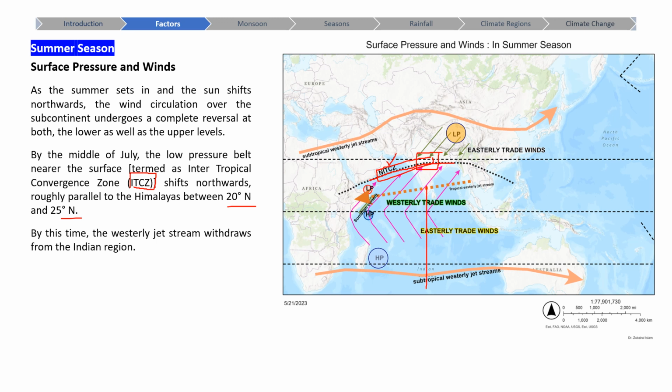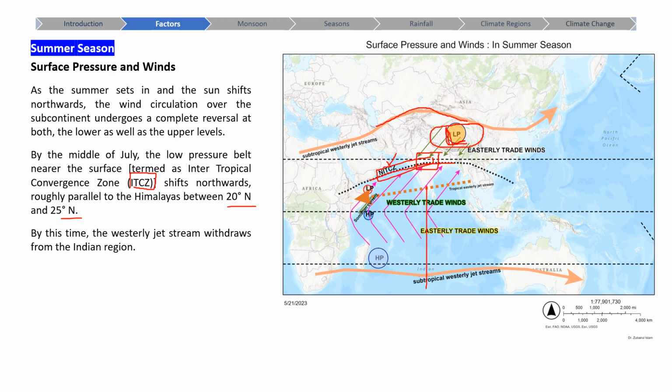And the westerly jet streams have moved from this place towards the north of the Himalayas. Because the Tibetan land is above 4,000 meters above mean sea level, at this height this area receives more insolation and gets more heated.